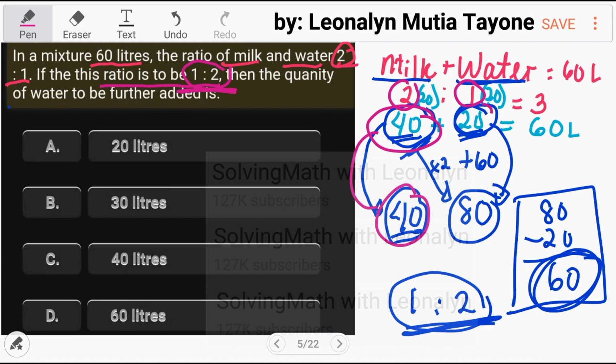Yung dating 20 liters na water, dagdagan natin para maging twice siya kadami sa milk. Ang twice of 40 is 80. Yung water na original natin ay 20. Paano ba gawing 80 si 20? Mag-add tayo ng 60. Therefore, ang tamang sagot dito ay 60 liters.